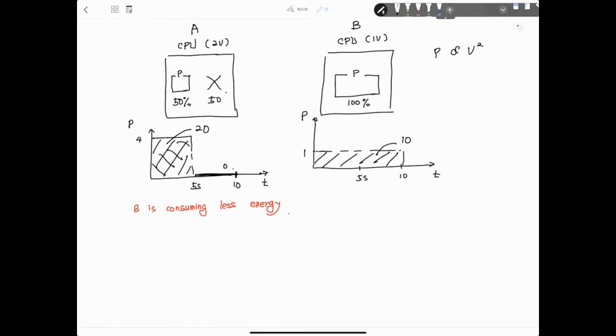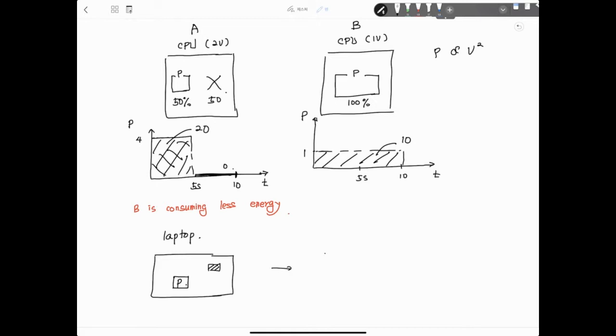So it means that you have a laptop, a notebook machine. In your notebook machine, there is a processor. If we are running a small, simple program, then maybe it is consuming less energy.